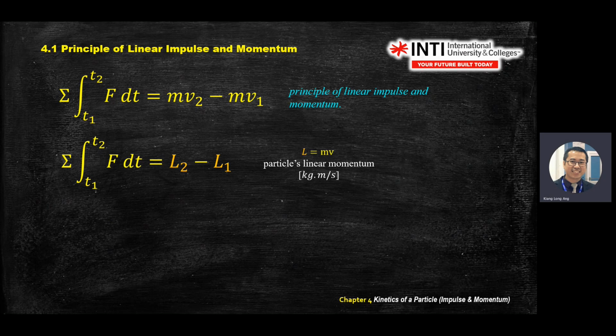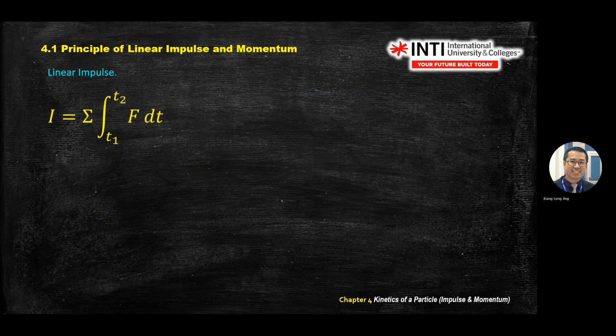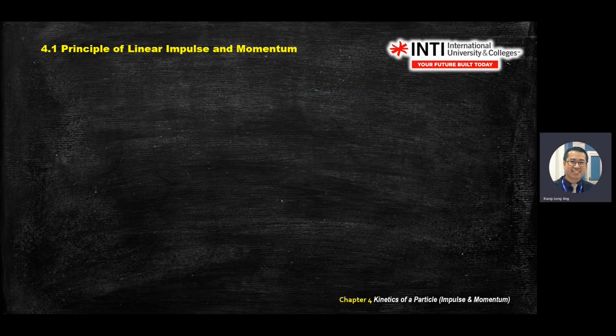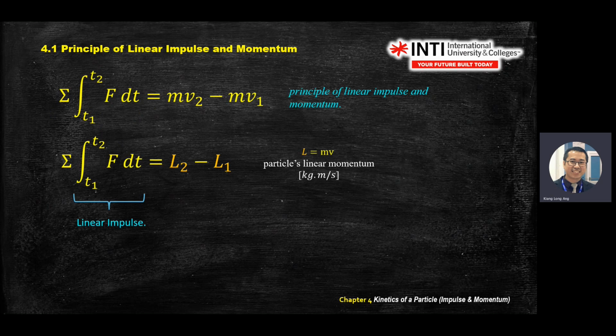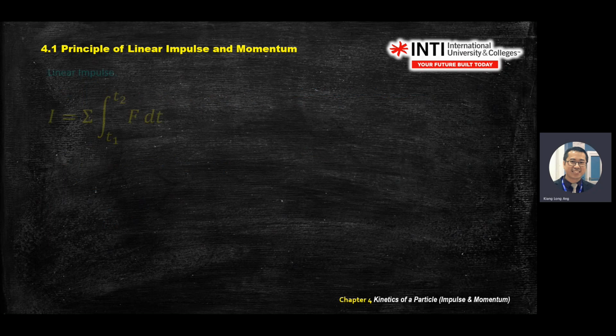The unit of momentum: m is kilogram, v is meter per second. So the unit of linear momentum is kilogram meter over second. We will use capital I to represent linear impulse.